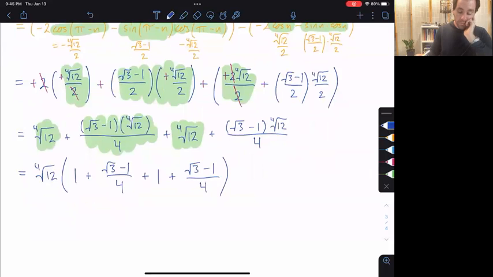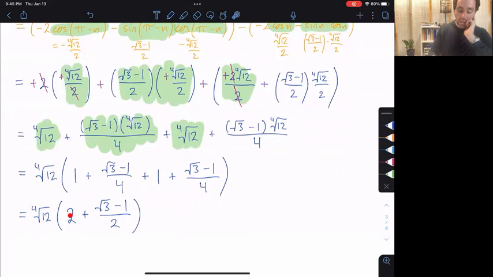So this becomes, if I combine like terms, these are like a fourth plus a fourth. That means that it's going to end up being root 3 minus 1 over 2, or fourth root of 12 times 1 plus 1, that's 2, plus root 3 minus 1 over 2.